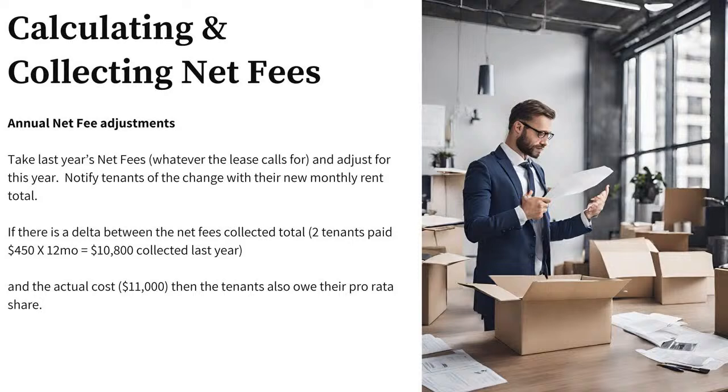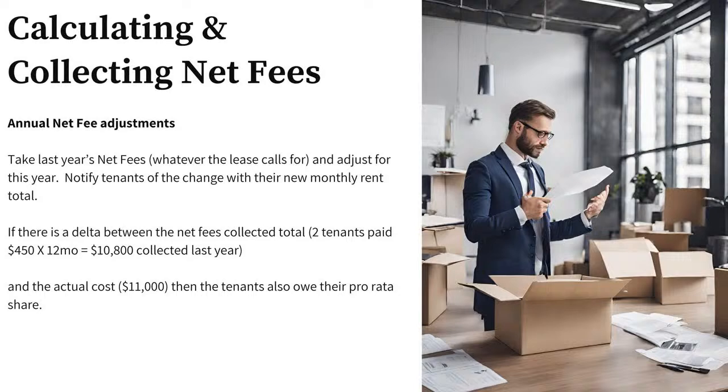So here's how that works. You're going to take last year's net fees. So right now is 2024. I would take the total net fees that I incurred that are normally reimbursed for 2023. I will adjust my going forward for 2024 based on those numbers, right?